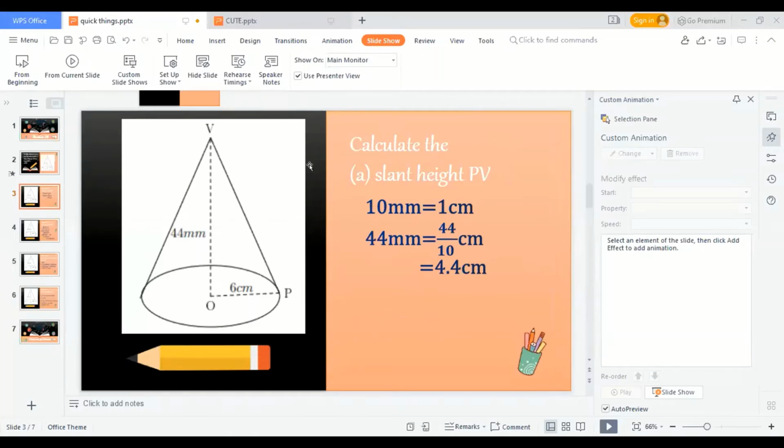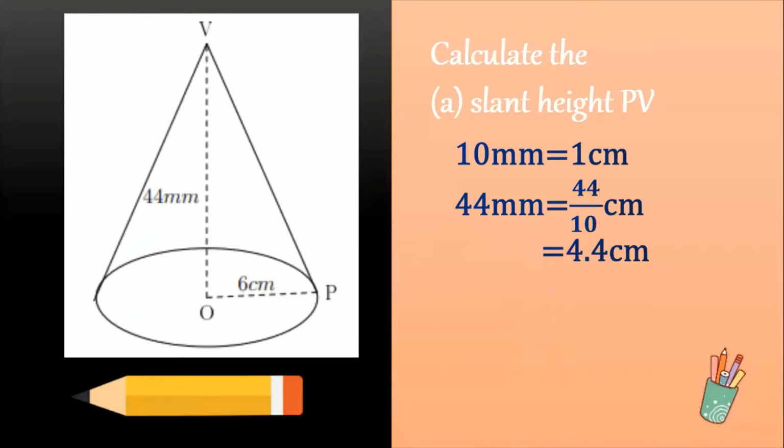Okay, sorry about that. So our first question told us to find the slant height PV. So to find PV, we are going to use the triangle V or P, that triangle that I've tried to highlight there.